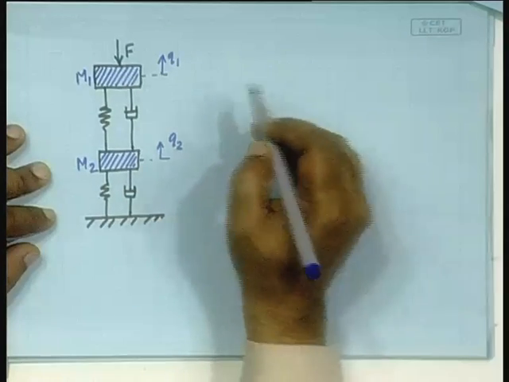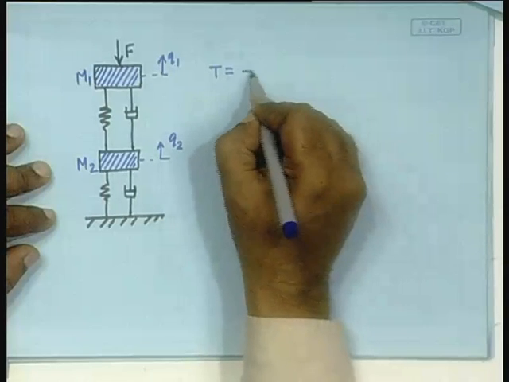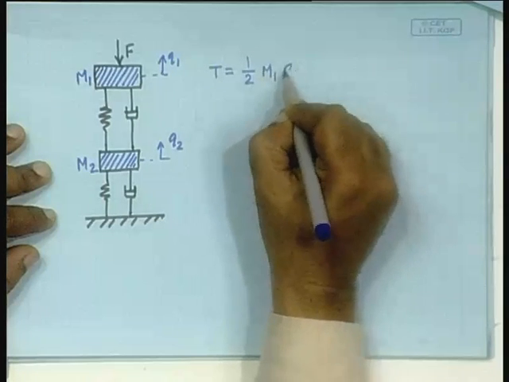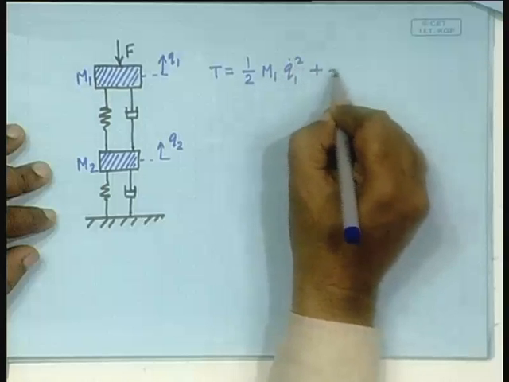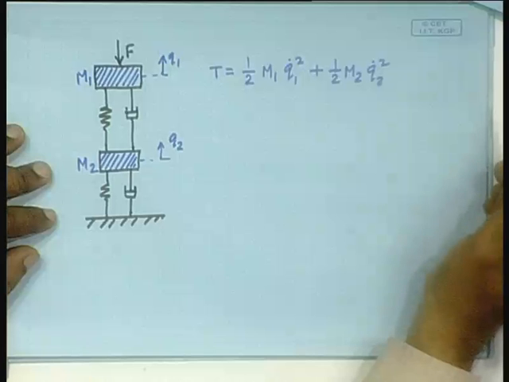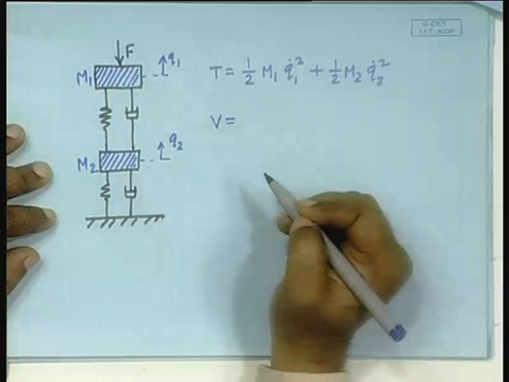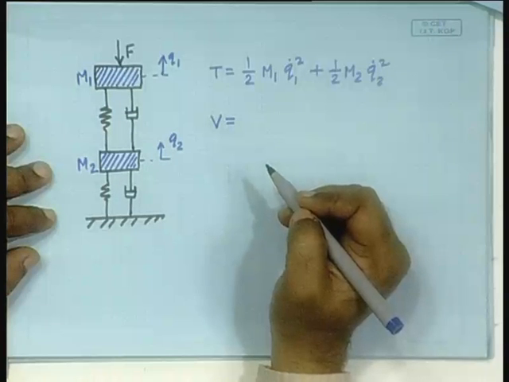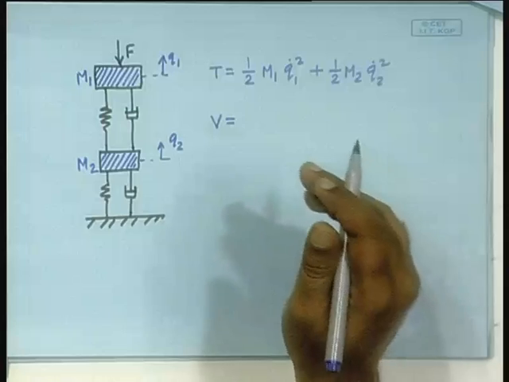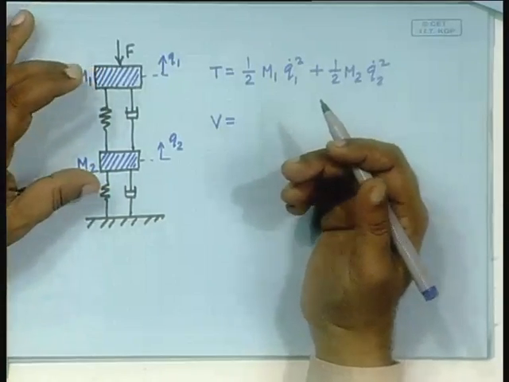Now, if you proceed to write, first you will write the kinetic energy, which is somewhat trivial, half m1 q1 dot square plus half m2 q2 dot square. Fine. Potential will be the potential stored. Okay, for now let us ignore gravity, because ultimately if you consider gravity, it will lead to constant terms that will be differentiated away.